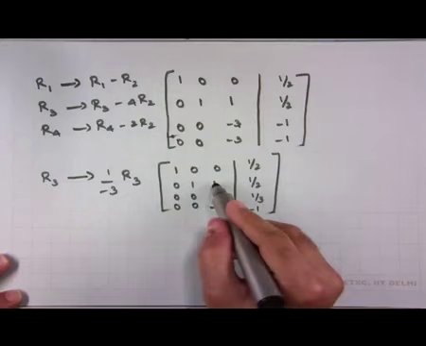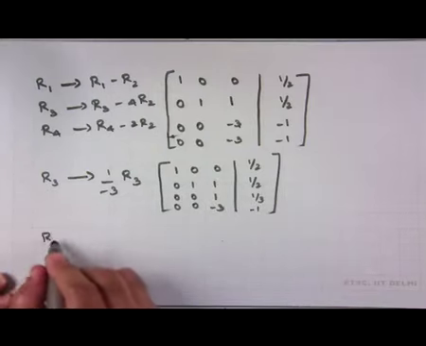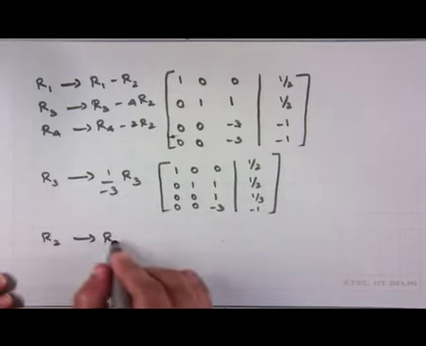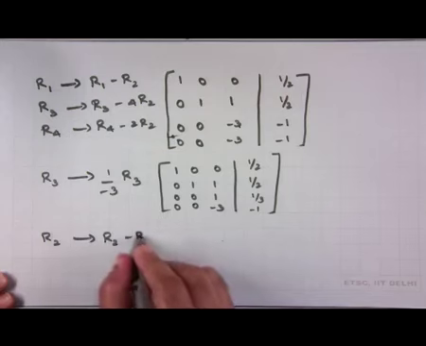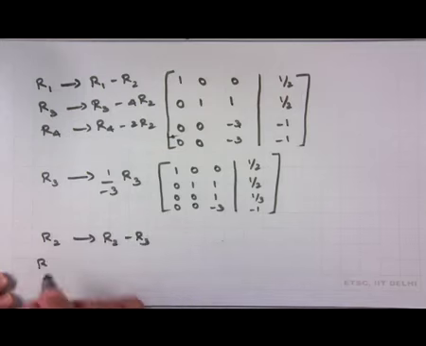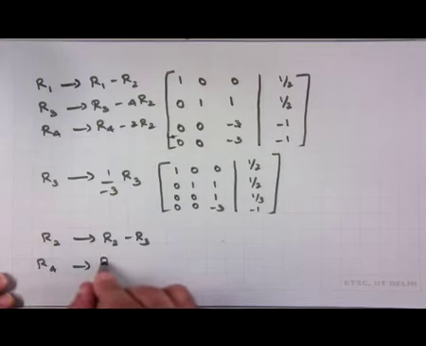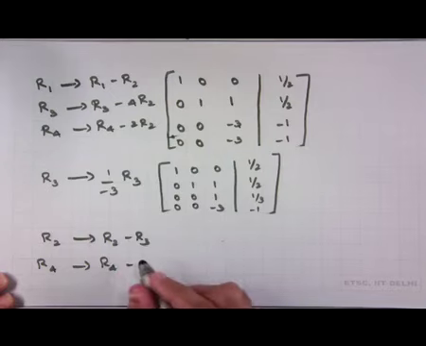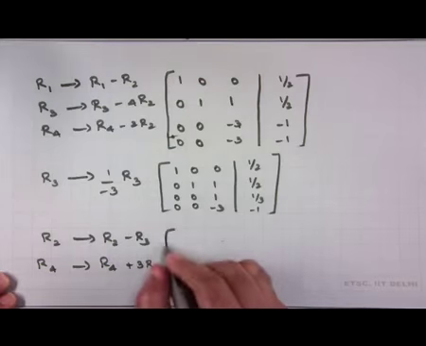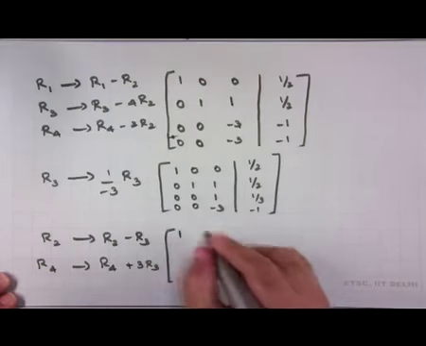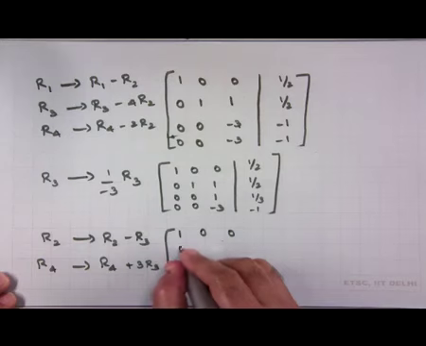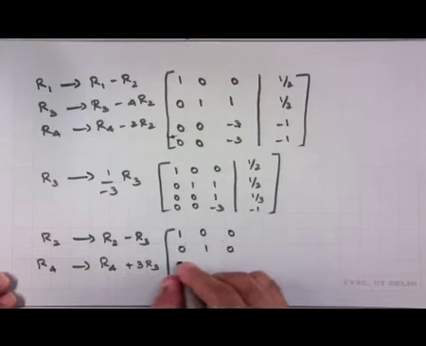Let us convert this 1 and minus 3 into zeros. R 2 is replaced by R 2 minus R 3, R 4 is replaced by R 4 plus 3 times R 3. 1 0 0, 0 1 0, 0 0 1, and then you will have 0 0 0.